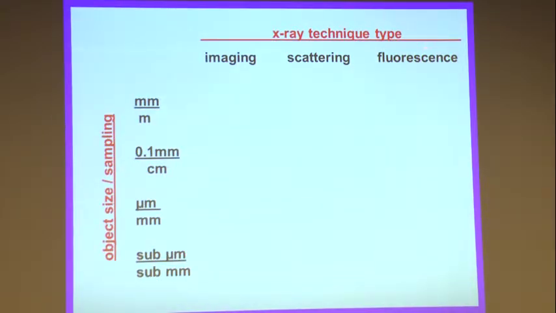So I'll be talking about various X-ray techniques: imaging, scattering, fluorescence, and size scales of wanting to see things with millimeter resolution over samples that are meters in size, 0.1 millimeter over centimeter size samples, microns over millimeter distances, and submicron over submillimeter size samples.